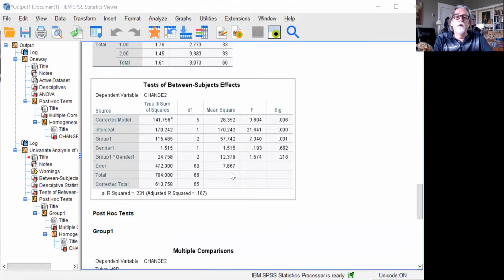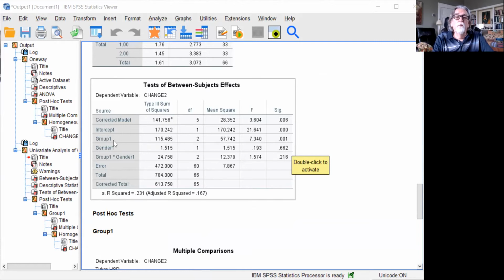Then we have what are called the tests of between subjects effects. Once again, group 1 is significant, but gender 1 is not. And the interaction between group and gender is not.